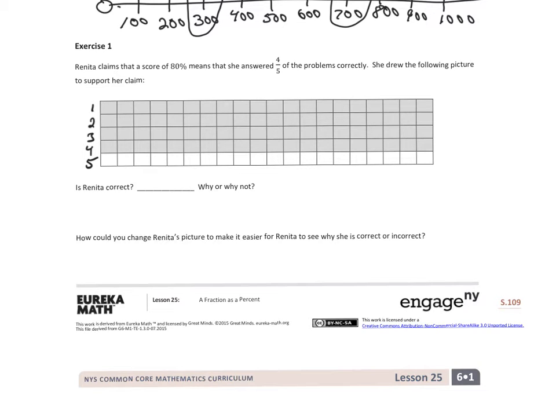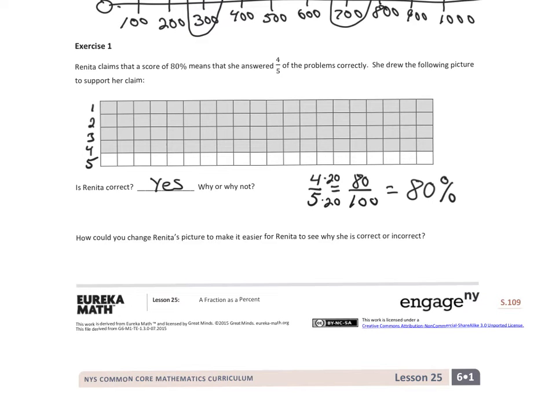So what we can do to prove to her if it's correct is first take the 4/5, create an equivalent fraction that will get us to 100, which we learned from previously that times 20 will bring us to 100. So times 20 here, that would be 80. And that we know can then be converted to a percent by just writing 80% because it's 80 out of 100. So is Renita correct? Yes, she is. And we use some computation with numbers.